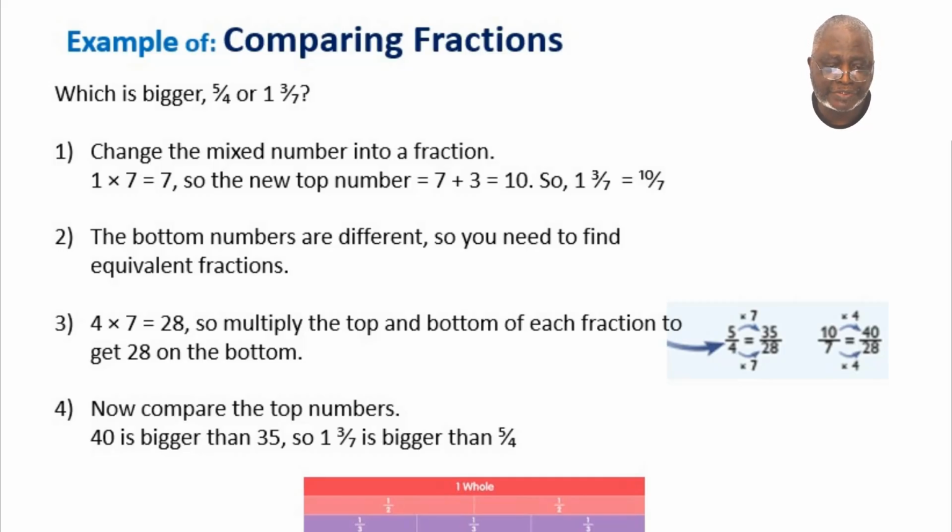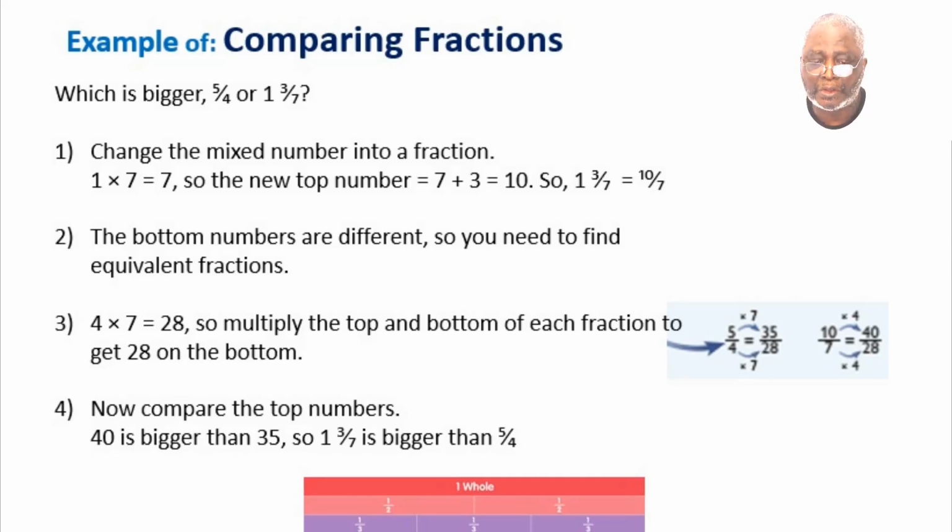The bottom numbers are different, so you need to find equivalent fractions. 4 times 7 is 28. So multiply the top and bottom number of each fraction to get 28 on the bottom. 5 times 7 is 35. 4 times 7 is 28. 10 times 4 is 40. 7 times 4 is 28.